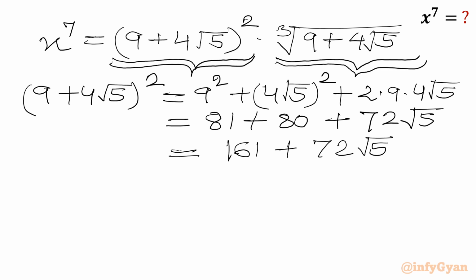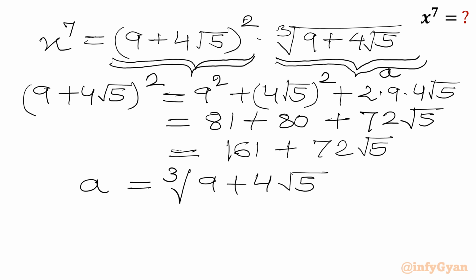I will call that cube root a. Let's write a equal to cube root of 9 plus 4 root 5. Now I will consider cubing both sides. So we will get a cube equal to 9 plus 4 root 5.